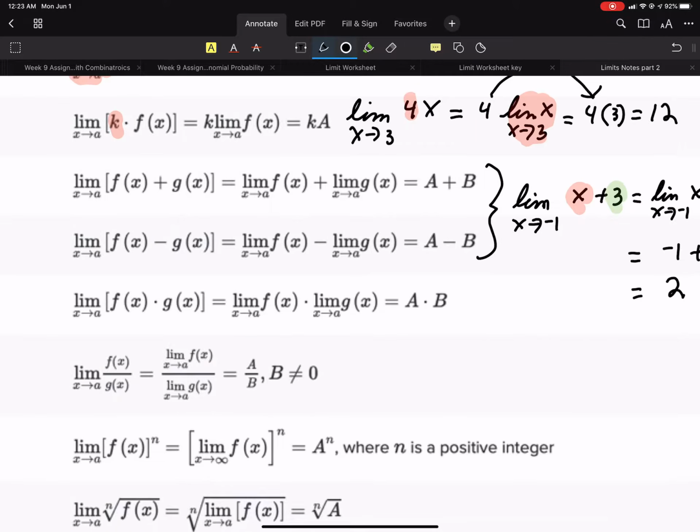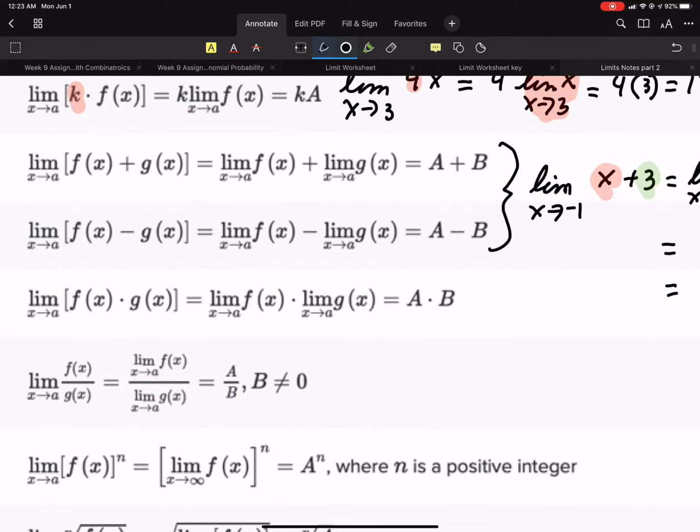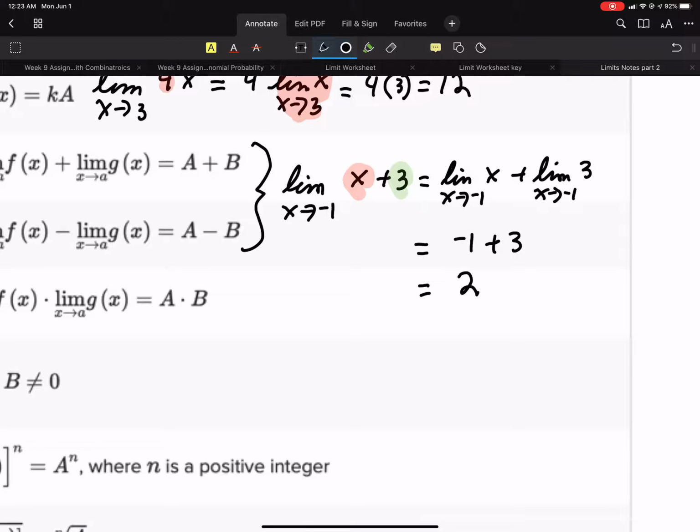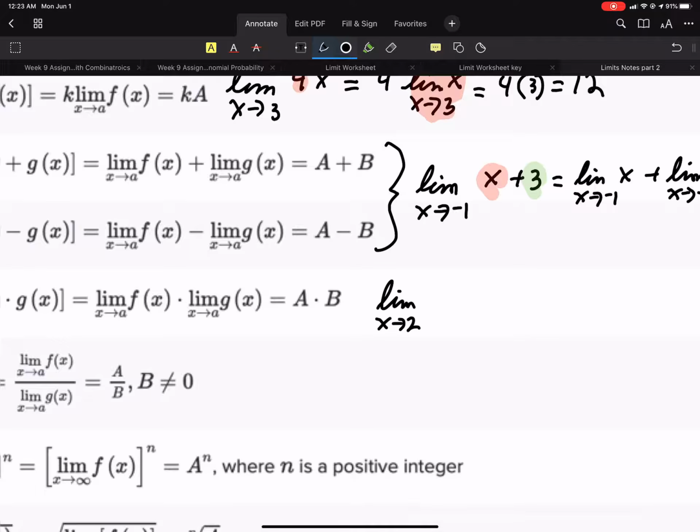All right, let me do a couple more examples for you. I will do the limit of a product. So say you have the limit as x approaches 2, and we will do a product of two functions. We will do x squared times 2x.